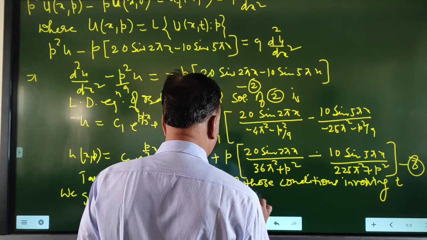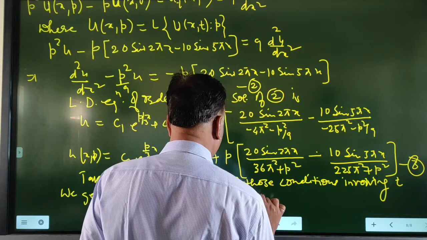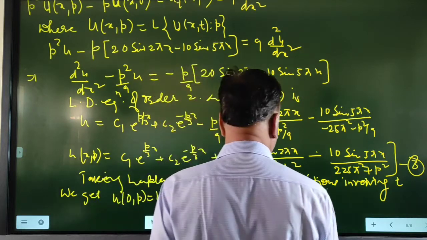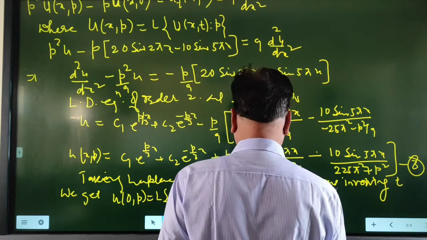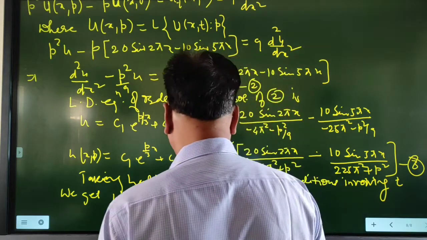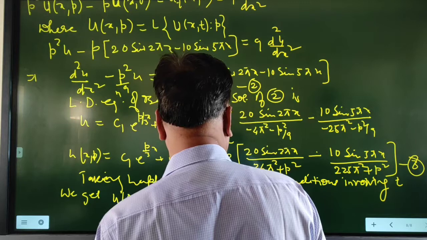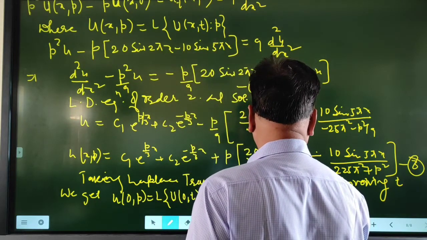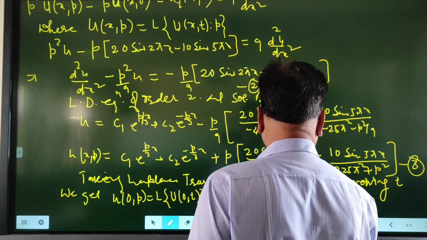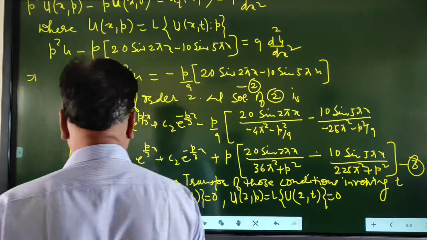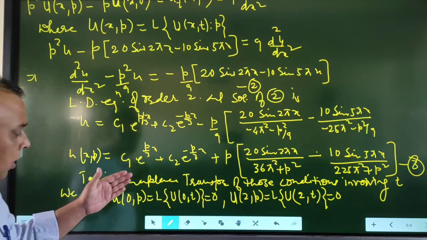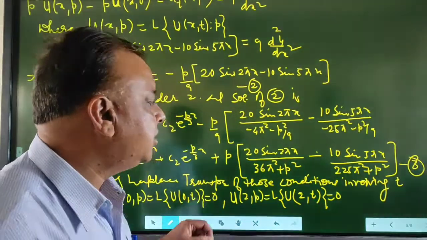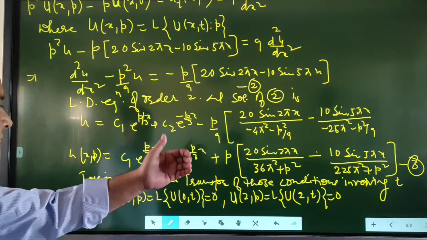Also u(2,p) is equal to the Laplace transformation of u(2,t), which is also 0.